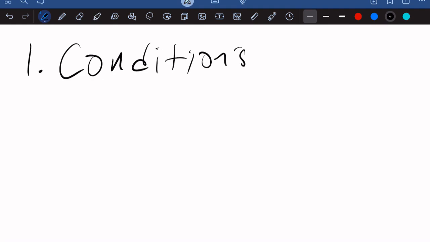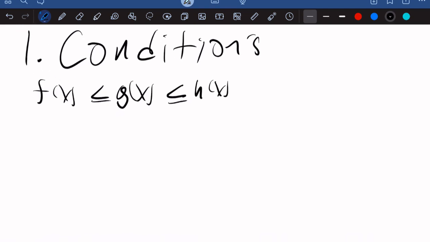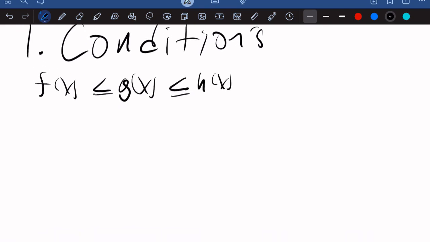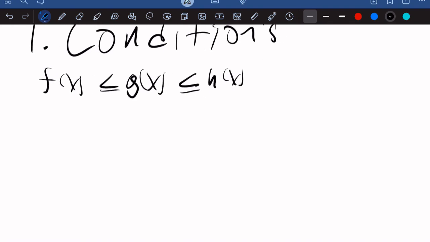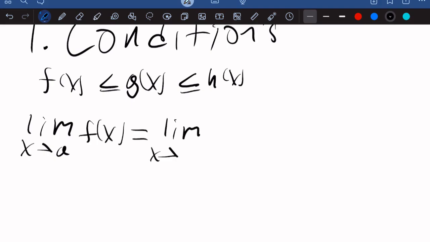So our conditions is that you have the inequality, which is f of x is less than or equal to g of x, which is less than or equal to h of x. Usually that one always happens. But then your limit one, which says your limit as x approaches a of f of x must equal the limit as x approaches a of h of x.